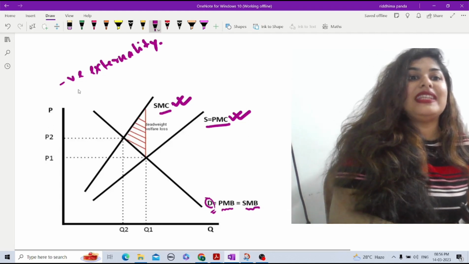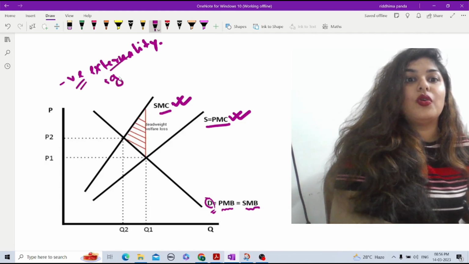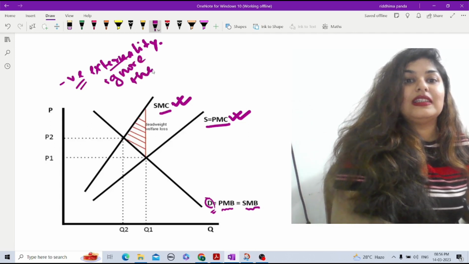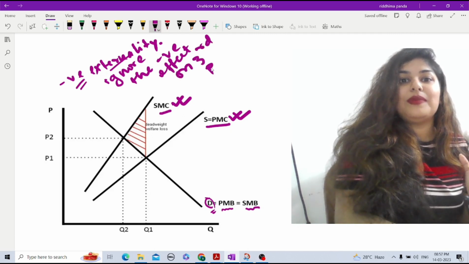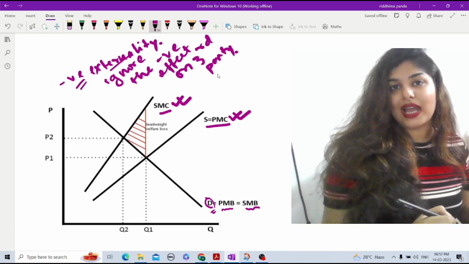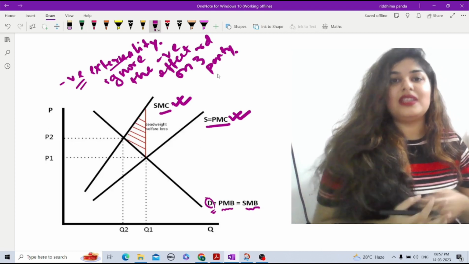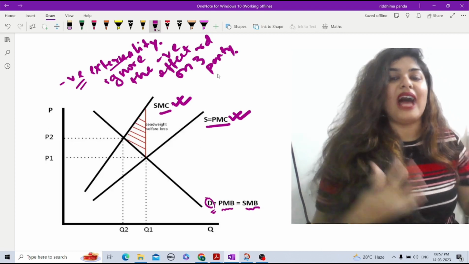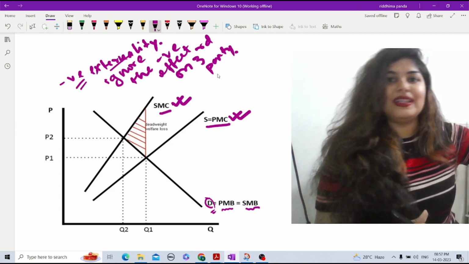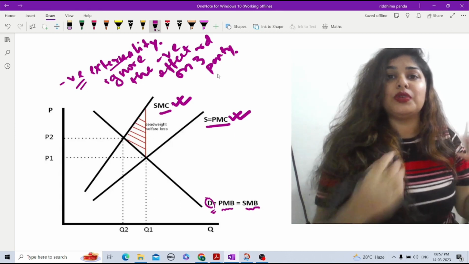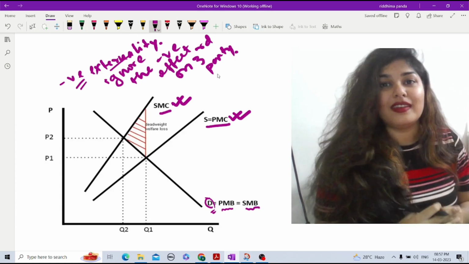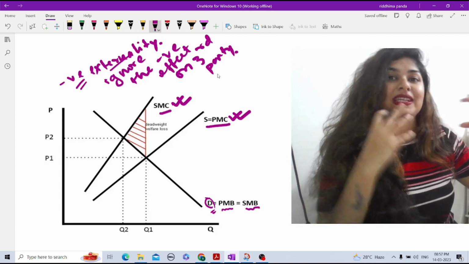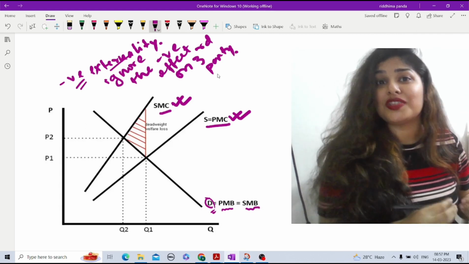Why is it so? In negative externality, we ignore the negative effect on third party. What do you mean by ignoring the negative effect on third party? That is, I am an industrialist, I am manufacturing, so I have this particular factory where I am producing to meet my private profits, without caring about what waste materials and pollution I am causing in the environment.